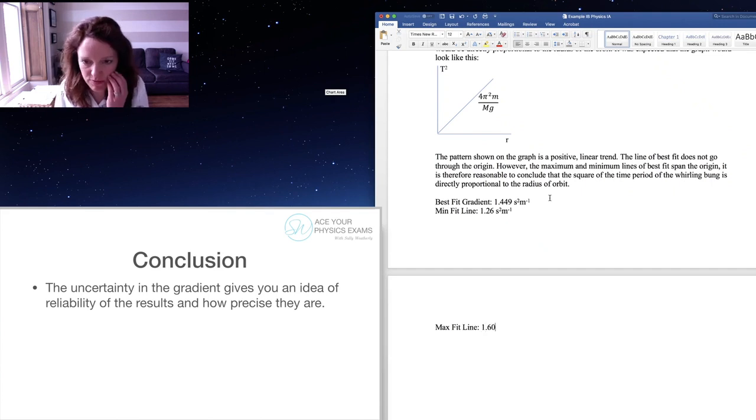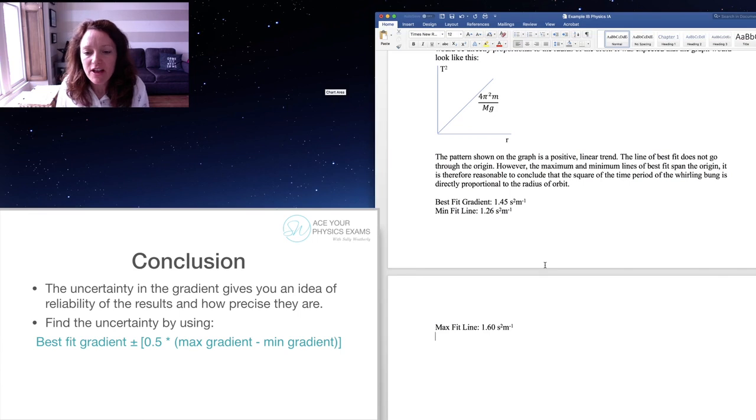And we'll give it to 2 decimal places. In fact, I think we'll give the best fit line to 2 decimal places as well to make it consistent. And the units are the same as before. So we have the three values of gradient. Our best fit line we'll stick with, so the gradient is actually equal to 1.45.